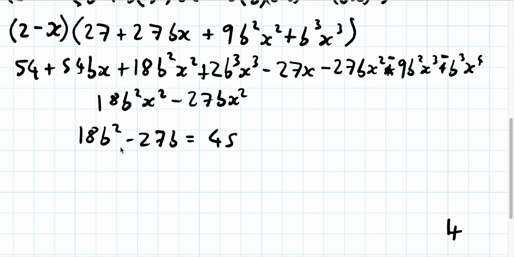So bring it over, so it's like a quadratic, 18b squared minus 27b minus 45 equals 0. Could divide all of that by 9.